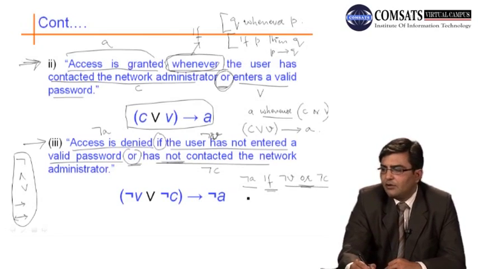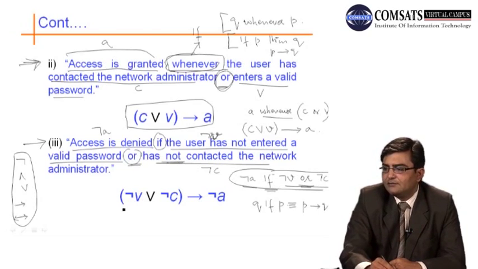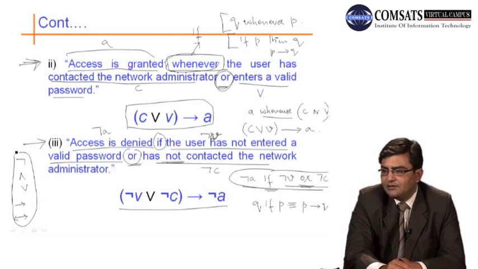This is basically another form of conditional statement. I have told you Q if P is the form of a conditional statement. If we have Q if P, then this is logically equivalent to P implies Q, or if P then Q. So this statement in symbols can be written as not V or not C, the disjunction operator, and implies not A. So the whole statement can be written in the form of symbols or logical connectives as this.